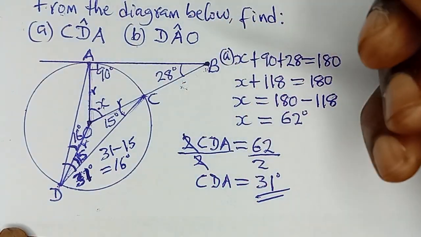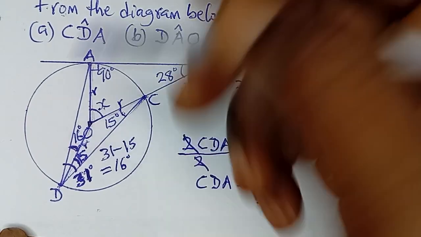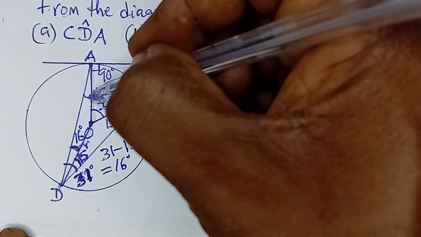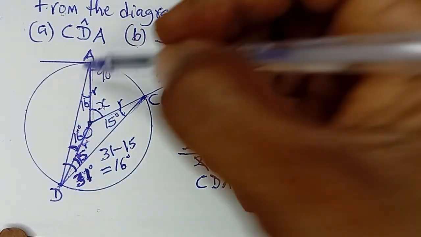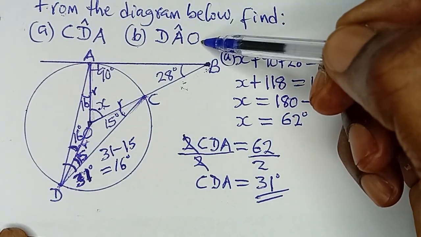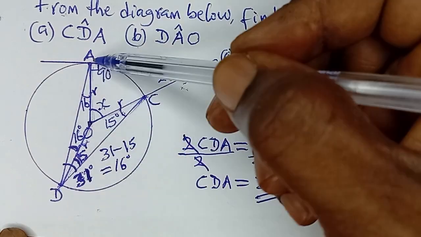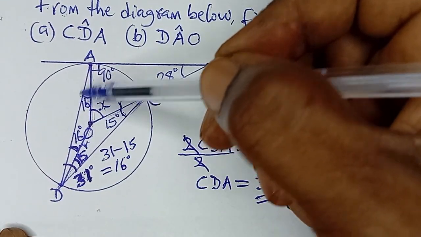And in an isosceles triangle, the base angles are equal. So if this is 16, it means that this angle here is also 16 degrees. And that angle is DAO, that we are looking for. So DAO is 16 degrees.